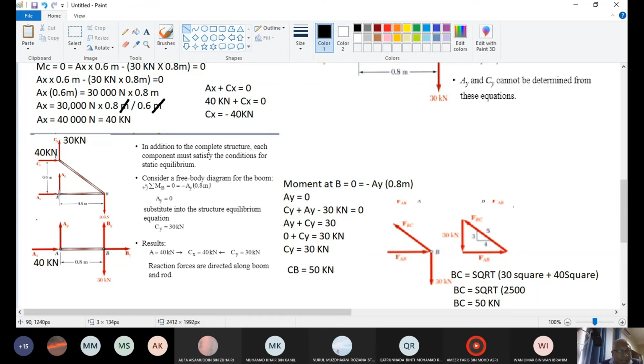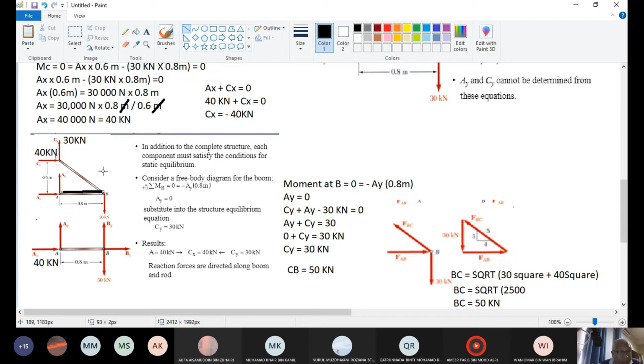AY, because AY is acting 90 degrees to B. So AY is negative because it is clockwise, and no other forces acting on B.